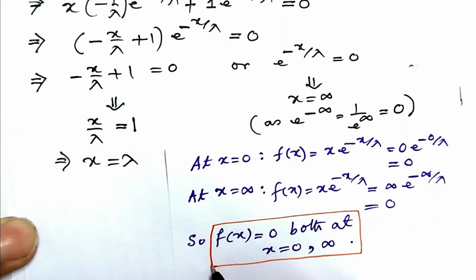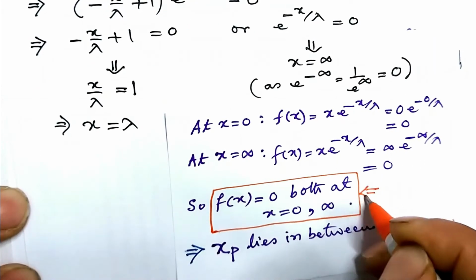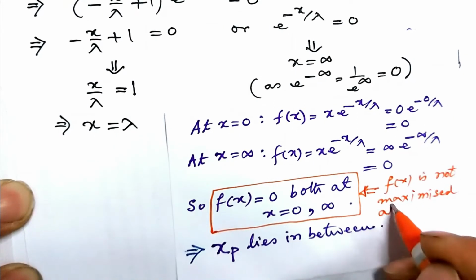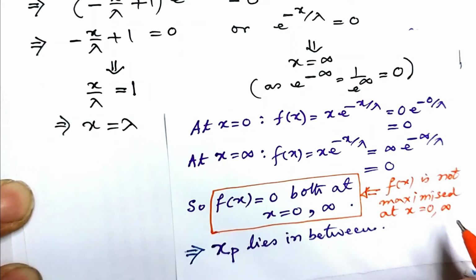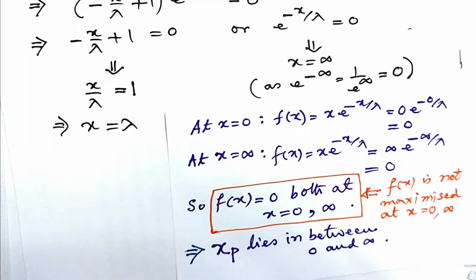In other words, the most probable value, that is maxima of f of x, lies somewhere in between. So f of x is not maximized at x equal to 0 or infinity, but at an intermediate value of x between 0 and infinity. Clearly, we cannot accept x equal to infinity as a maxima of f of x. We thus accept x equal to lambda.